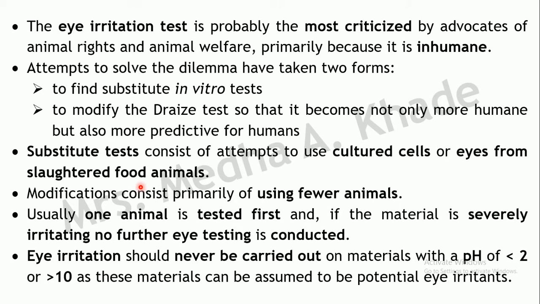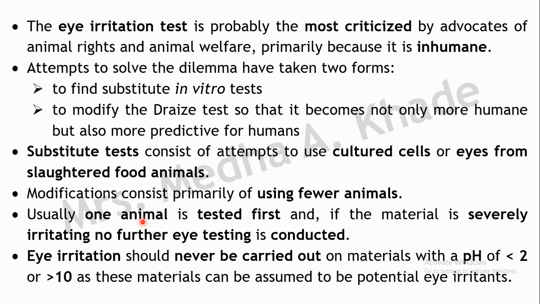You can even modify the test in such a way that you will require a fewer number of animals. Usually once you test the particular substance, you should start with one animal at a time.